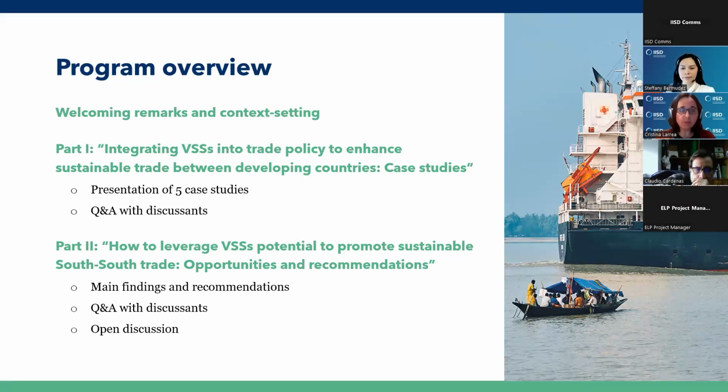In the first one, we will learn about 5 examples on how voluntary sustainability standards have been integrated into trade policy to enhance sustainable trade between developing countries. In the second part, we will learn concrete ways governments can coordinate and use sustainability standards to promote South-South trade. In both parts, we will have the opportunity to dialogue and exchange with our panelists.